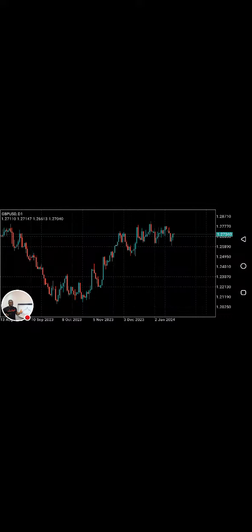What do I mean? For example, if you look at GBP USD, liquidity resides at previous highs or previous lows, old highs or old lows. That's where liquidity resides. For example, on GBP USD, the area of liquidity is this.